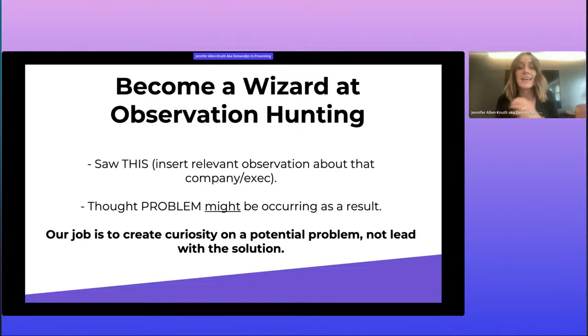The word might is underlined for a reason, because no matter what, we could do all the research in the world, we are still living outside of the four walls of our prospect and our customer. So we have to be very intentional with our language to frame it as unsure. One of the most off-putting things we as salespeople do in emails is talk at our buyers.